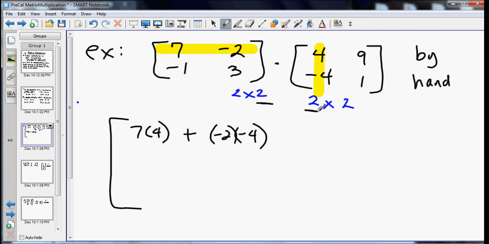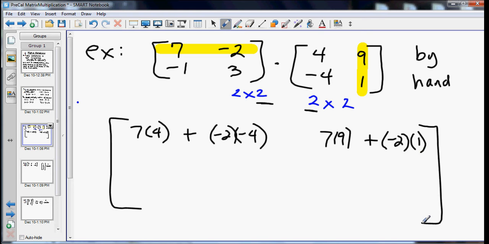Now that we've done the first row in the first column, we move over and do the second column. We repeat the same process. We do the first number times the first number plus the second number times the second number. So I did 7 times 9 plus negative 2 times 1. Now I've done everything I need to with the first row. So I move down and look at the second row, and I'll do the same thing with it in these two columns.